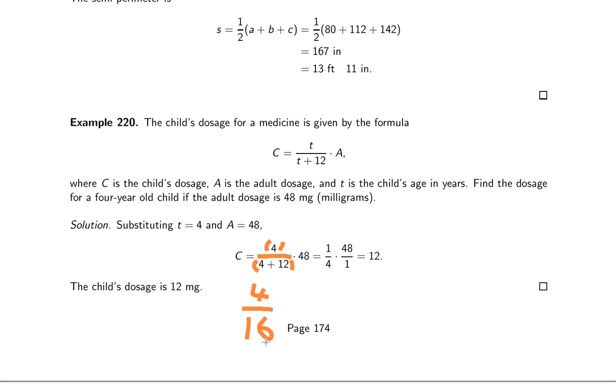Now we can cancel 4s, so divide by 4 and divide by 4. So we get 1 over 4. Multiplying by 48, a whole number, so that's 48 over 1. So we're getting 48 over 4, which is 12.